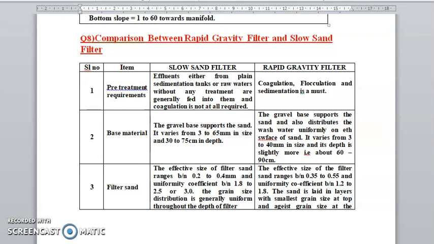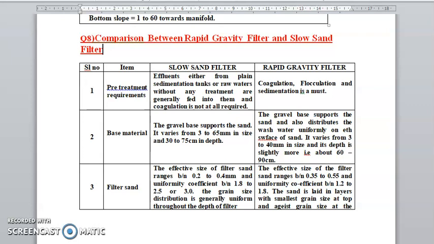In the rapid gravity filter, the gravel base supports the sand and also distributes the wash water uniformly on the surface of the sand. It varies from 3 to 40 mm in size, and the depth is slightly more, about 60 to 90 centimeters.